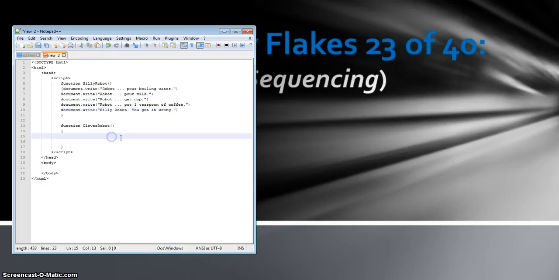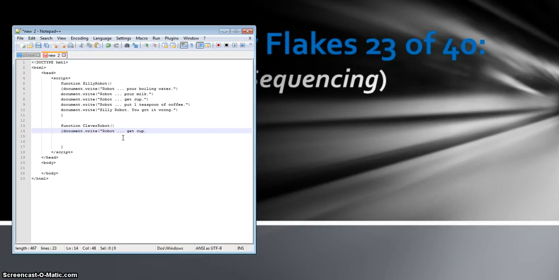Okay, let's just do the function again, but this time we're doing it in correct order. The correct order is function, document type. Actually, document write, I should say. Now the first thing the robot really needs to do is robot get cup.